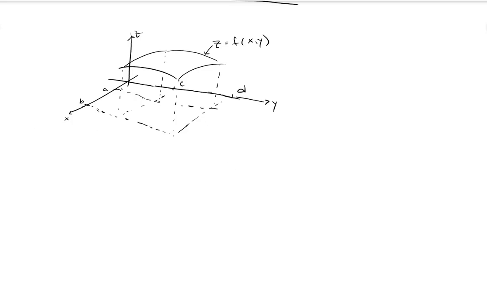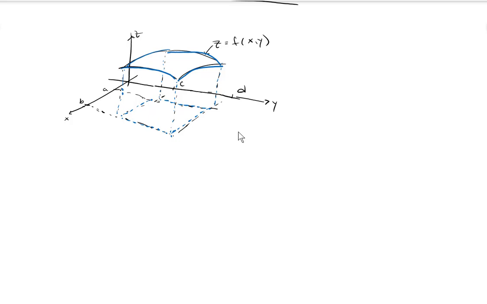Let me emphasize maybe with a different color that what we have is this surface up here. Now I'm going back over it in blue. But we're only keeping the portion of it that sits over this little rectangle that I've formed in the xy plane in the domain. Right? Just over this little rectangle that goes from a to b in the x direction and c to d in the y direction.